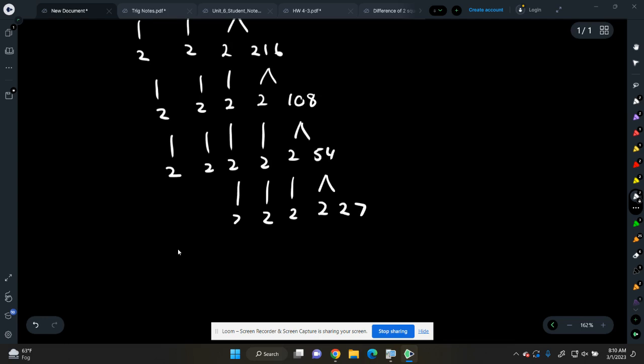Right? This is a long way of doing it, but it will work every single time. You don't have to worry about whether or not you know what perfect squares go into it. Okay, 27 is 3 times 9.